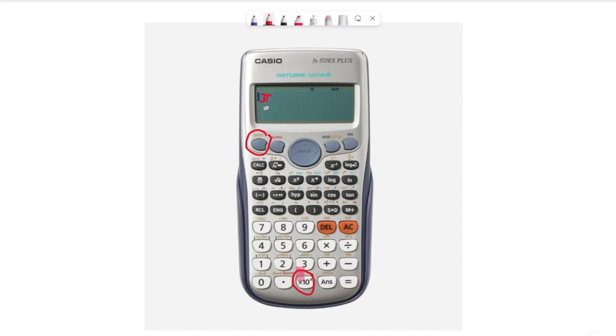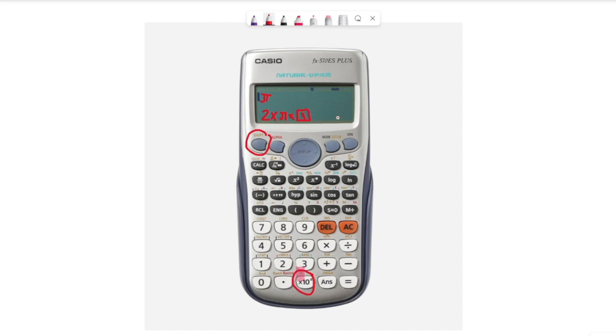So if you want to find the circumference of a circle, you will write 2 times, then you will press shift and the 10 to the power key, you will get pi, times your radius, and that will give you the circumference. Let's say the radius is 3.